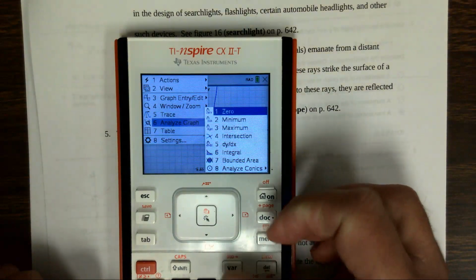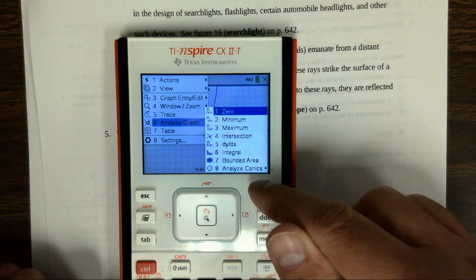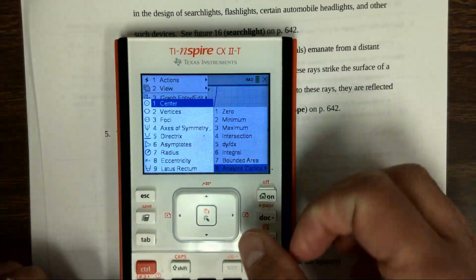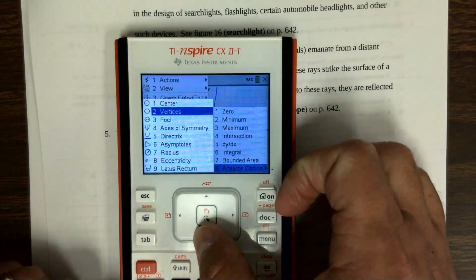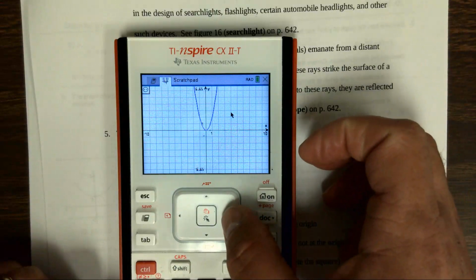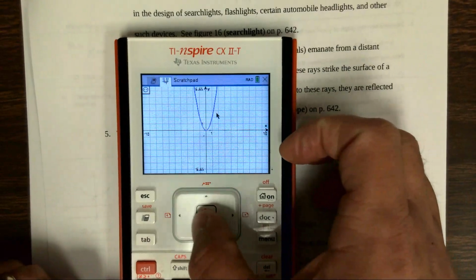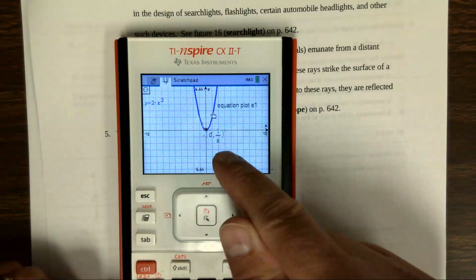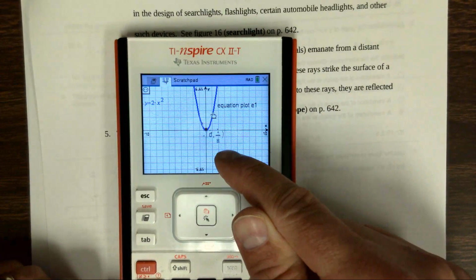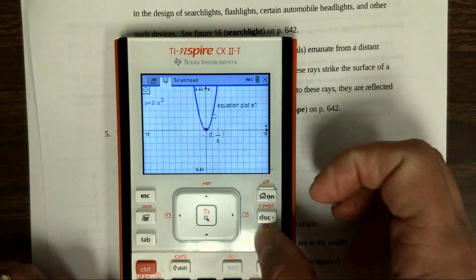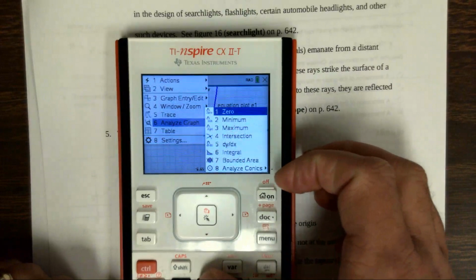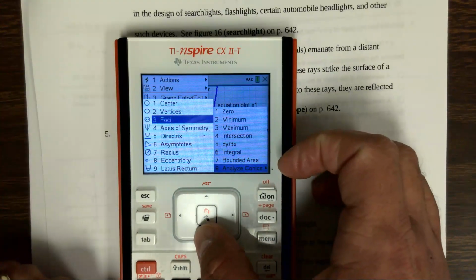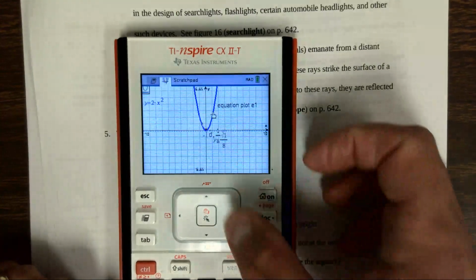Then you'd go 6 analyze graph, 8 conics, and that's where you can do things like your foci. And I think all you do is click the parabola and it tells me the answer is 0, 1/8. You could also go to Analyze and do your directrix.